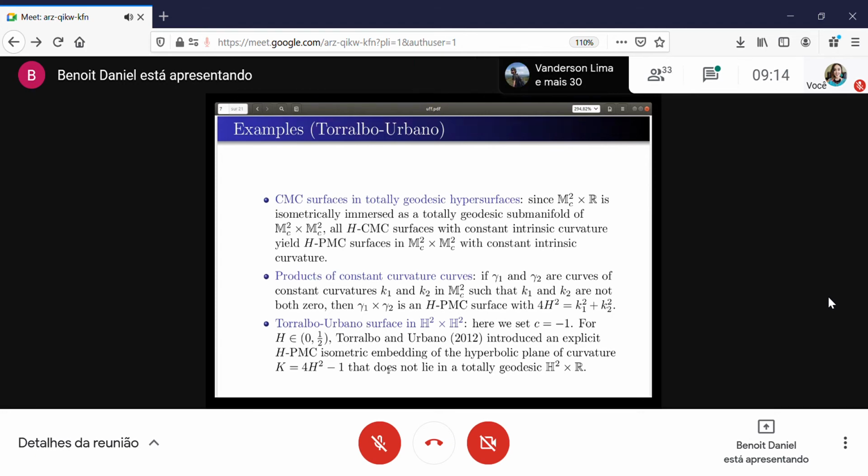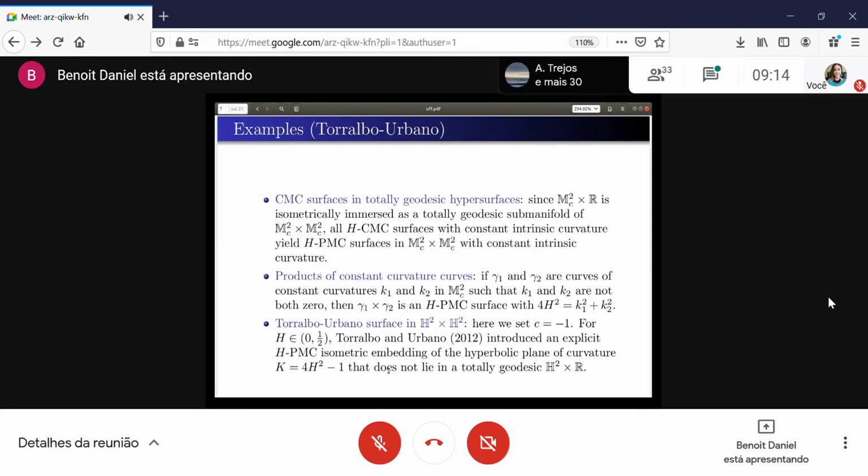You can find the formula for this example, but it's not really useful for me to give it to you. This example is obtained by separation of variables, and it's expressed in terms of solutions to some ODEs. So it is some kind of explicit example.